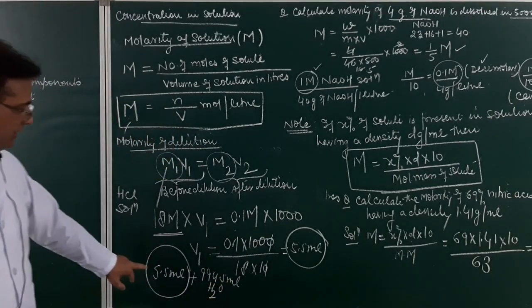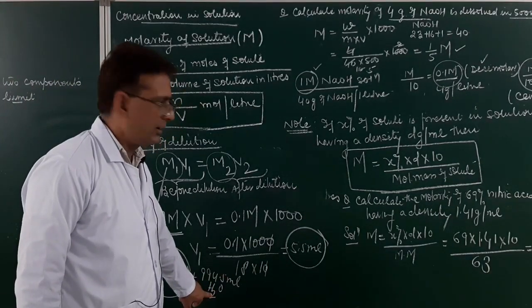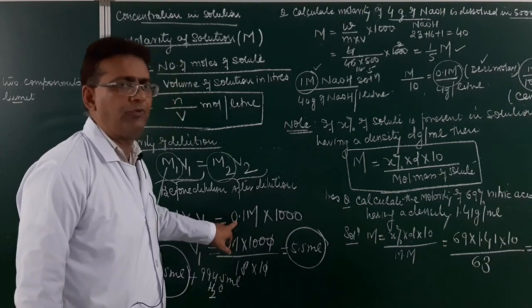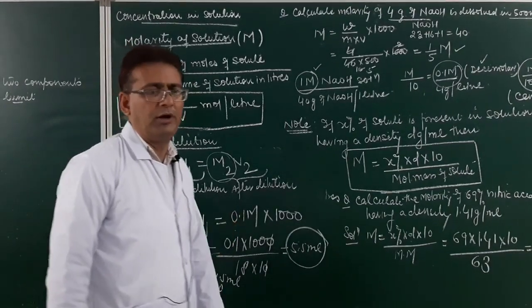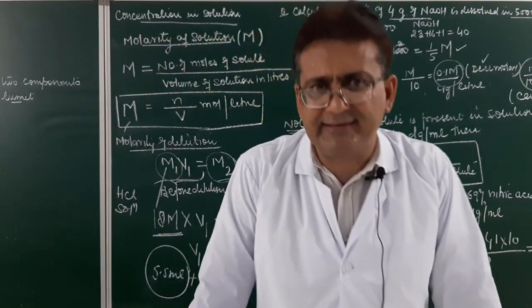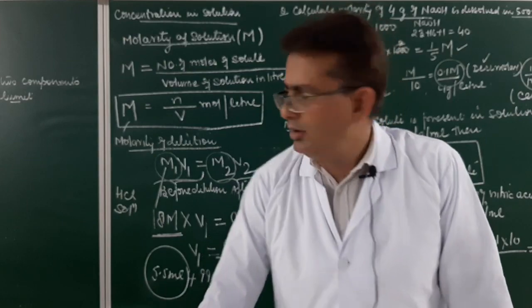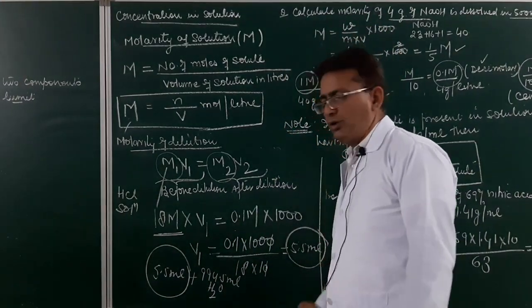So if I take 5.5 ml of this and 994.5 ml of water, I will be able to prepare the 0.1 molar solution of HCl, which I will be giving to the students for volumetric calculation or for the titration exercise. This is how the calculations are made for the volumetric calculation.